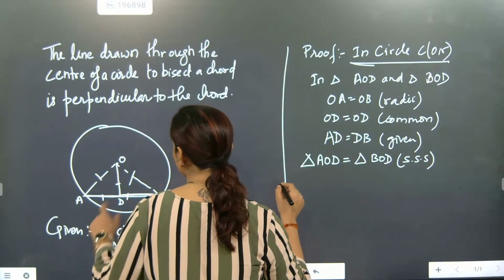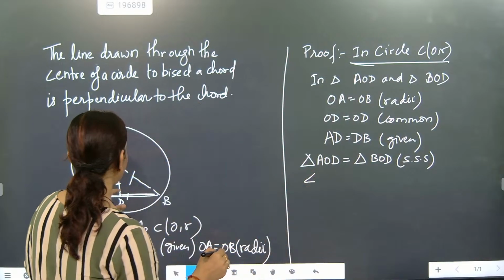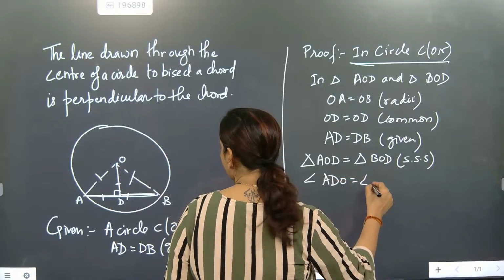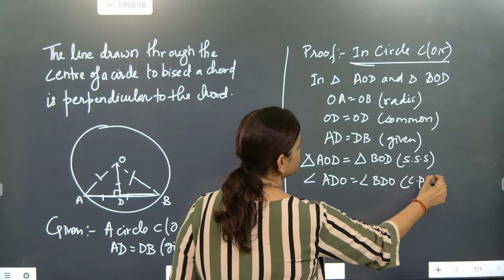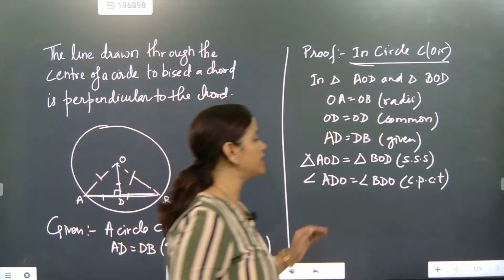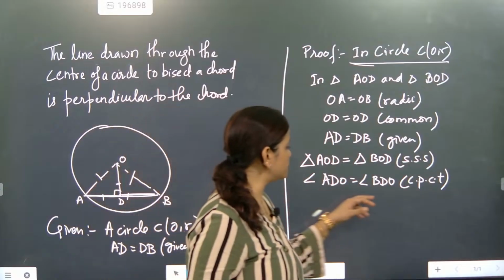By CPCT we can say angle ADO is equal to angle BDO, by CPCT, corresponding parts of congruent triangles.